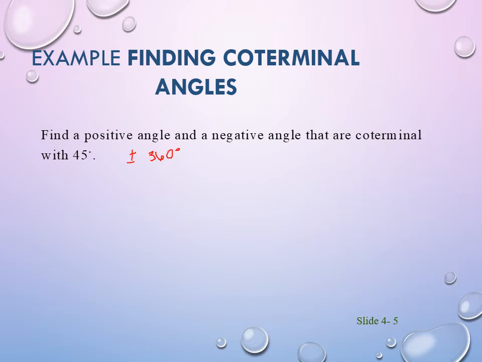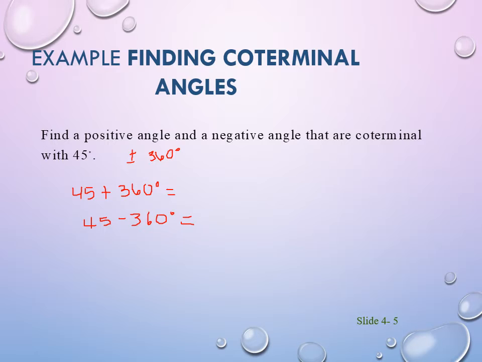So we can get as many as we possibly can. So we could say 45 plus 360, or we can say 45 minus 360.